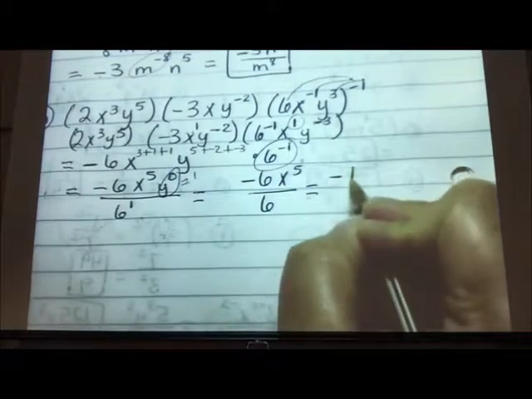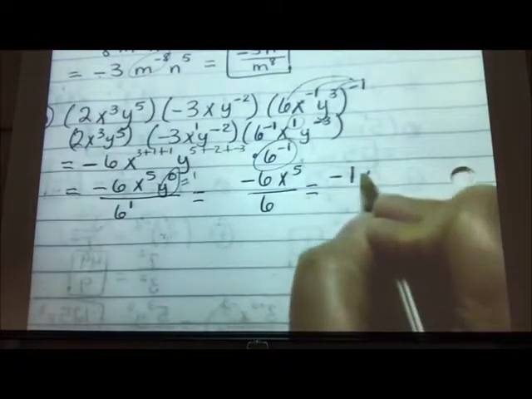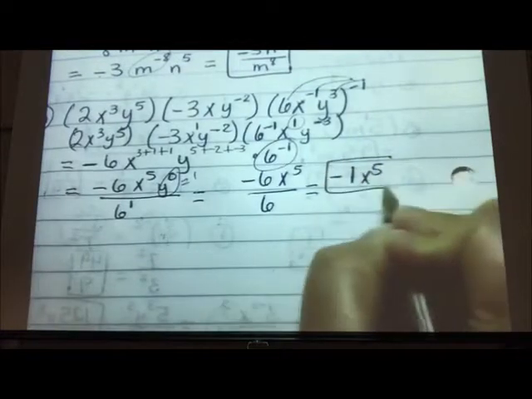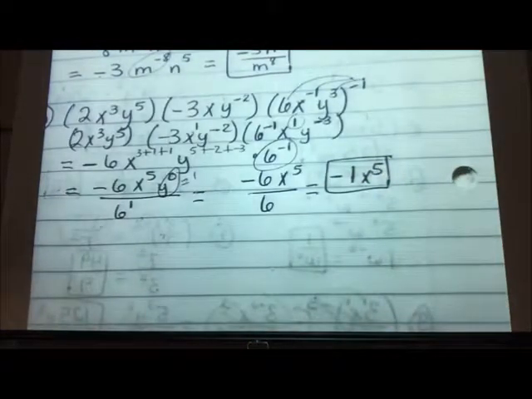You could put the 1 if you want to or not, x to the 5th. That's what the final answer would be. I don't think any of your assignments are that crazy, but just for you to kind of see them there.